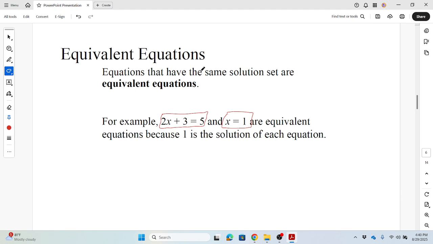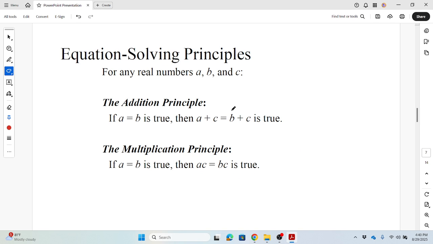So equations that have the same solution set are equivalent equations. For example, 2x equals 6 and x equals 3 are equivalent, because if you divide both sides by 2, you end up with the same solution.